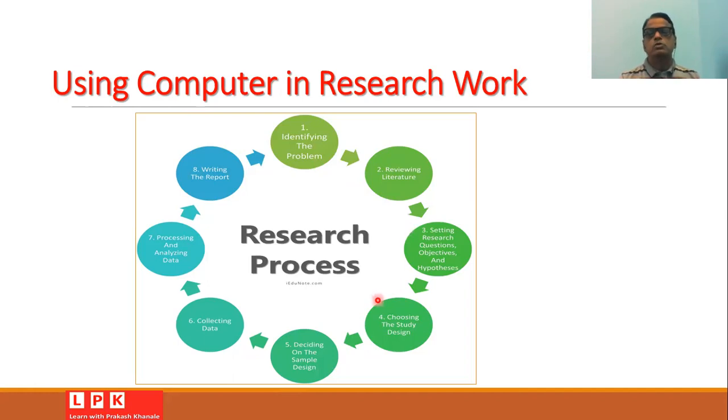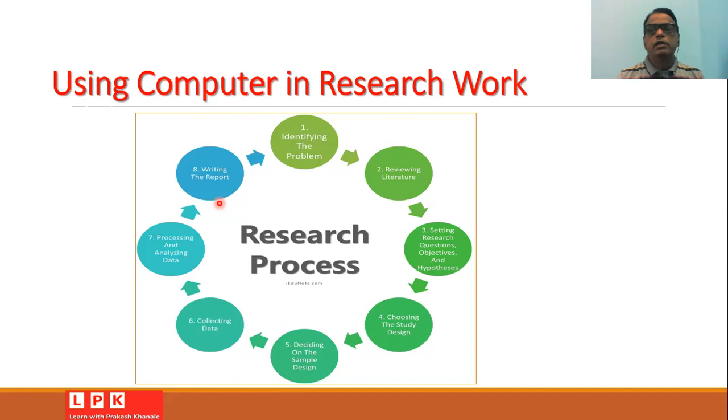Then you have to choose the proper research design, and decide on the sample design. Then you need to collect the data, process and analyze the data, and finally write the report.